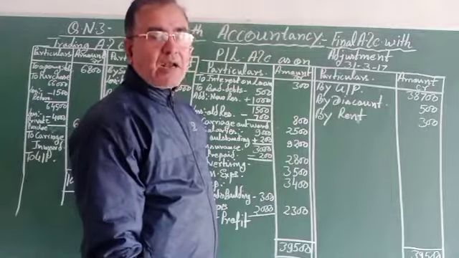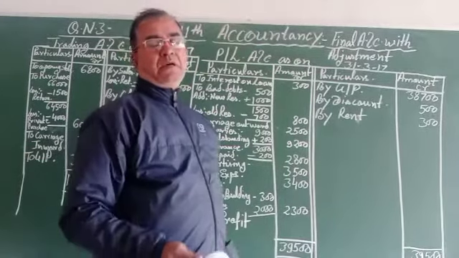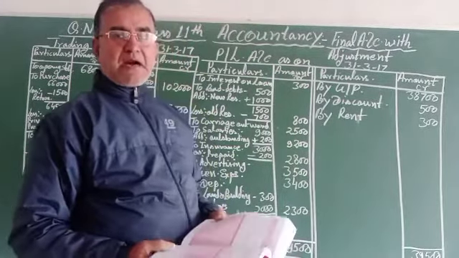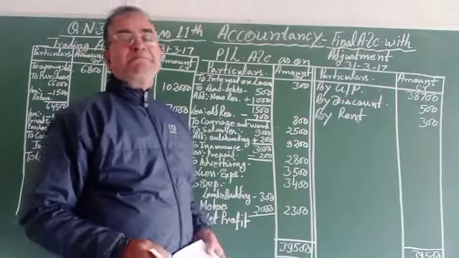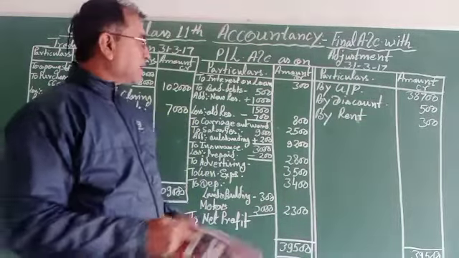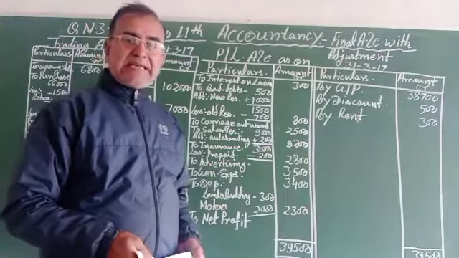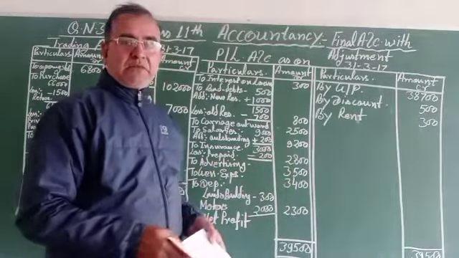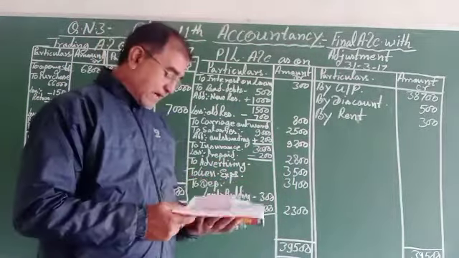Whether the credit column exceeds the debit column of the profit and loss account, that will be the net profit. Whether the debit column expenses exceeds the income, that will be the loss of the organization.